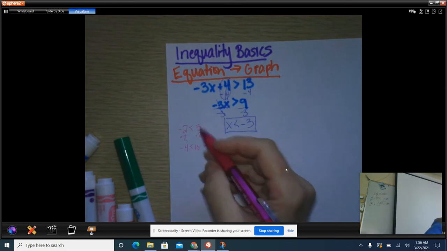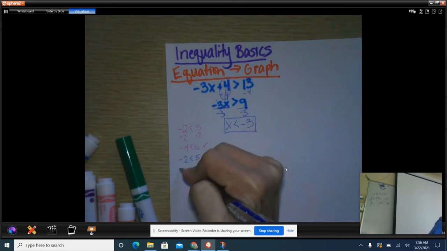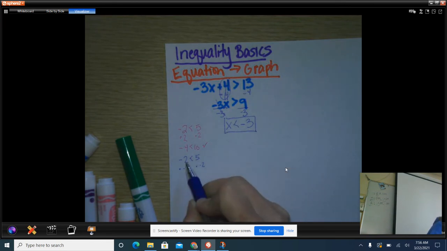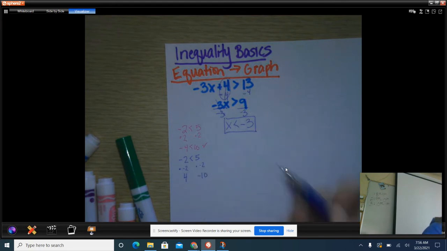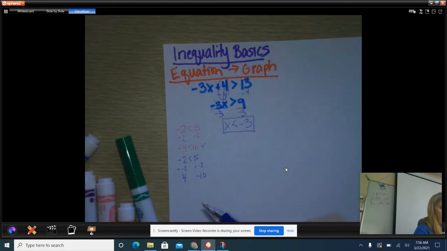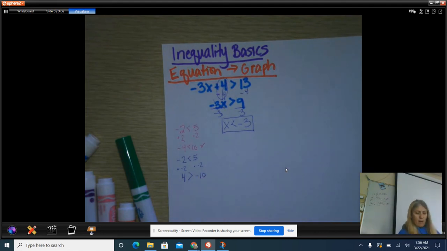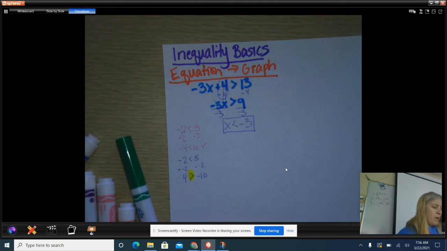However, if I start with that same inequality, negative 2 is less than 5, and I multiply it not by 2 but by negative 2, so I multiply or divide by a negative number, negative 2 times negative 2 is 4. 5 times negative 2 is negative 10. However, as you can tell, if I set my inequality, it is no longer less than. 4 is actually greater than negative 10. So notice that didn't happen when we multiplied by a positive number, but when we multiplied by a negative, in order to keep the statement true, I needed to flip that sign.